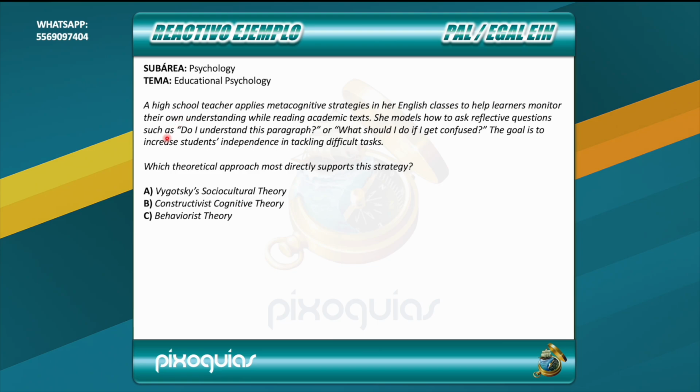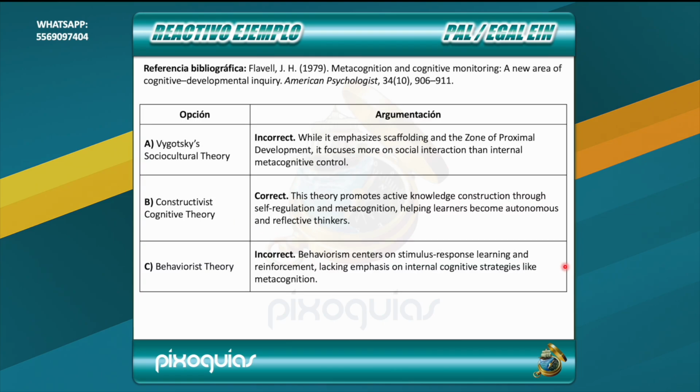The goal is to increase students' independence in tackling difficult tasks. Which theoretical approach most directly supports this strategy? A. Vygotsky's sociocultural theory, B. Constructivist cognitive theory, or C. Behaviorist theory. The correct answer is B, constructivist cognitive theory.